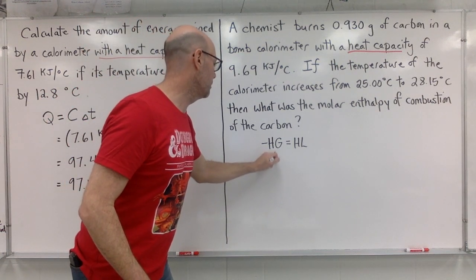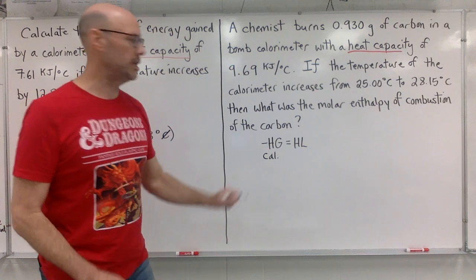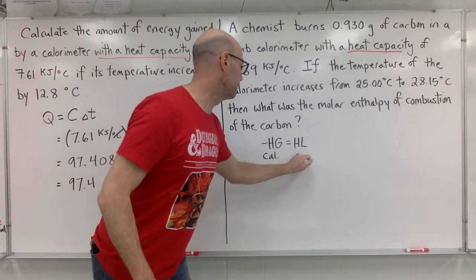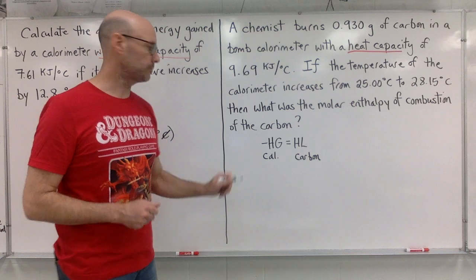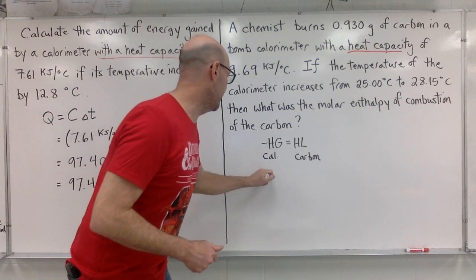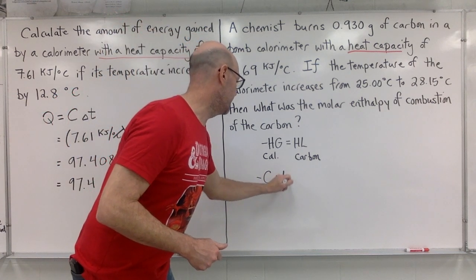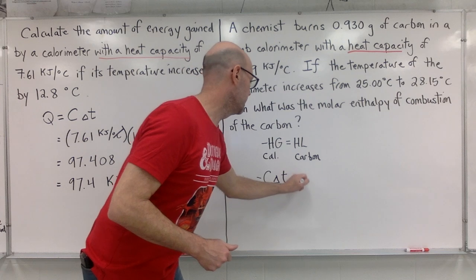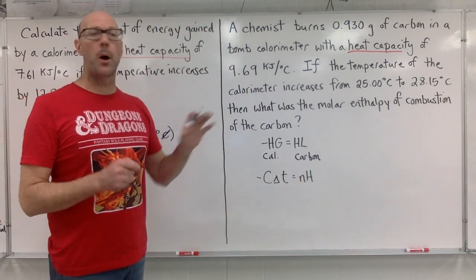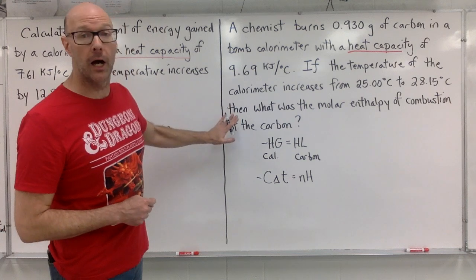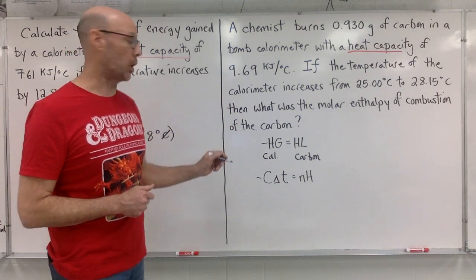The calorimeter itself is gaining energy, and the carbon is losing energy. We're expecting negative C delta T equals nH. We're being asked for the molar enthalpy of combustion of the carbon.